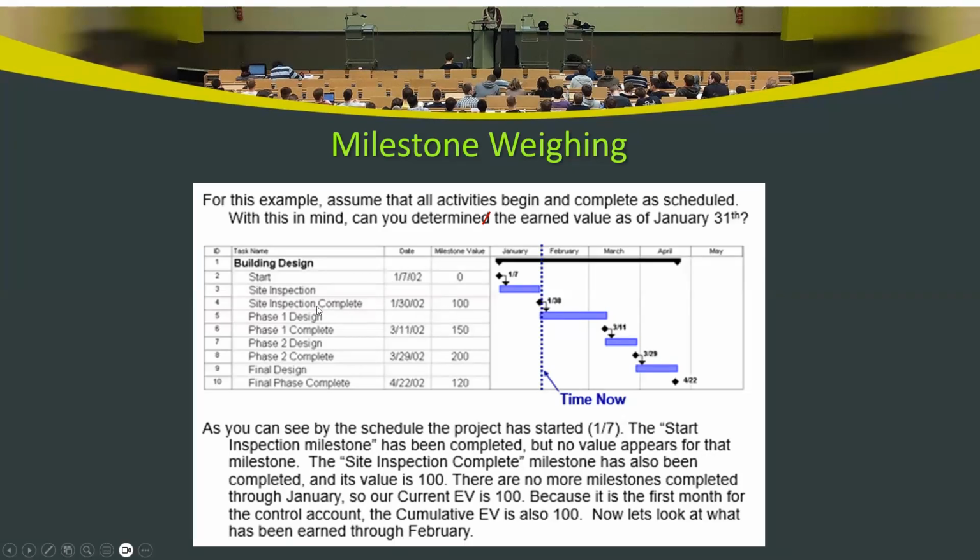So since the site inspection is completed and the milestone value is 100, a determined value already, we have earned this value 100 right here. This is the only milestone we have in this exhibit that is completed by January 31st. So our earned value here is 100.